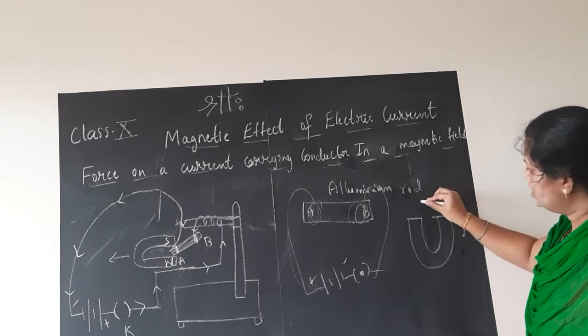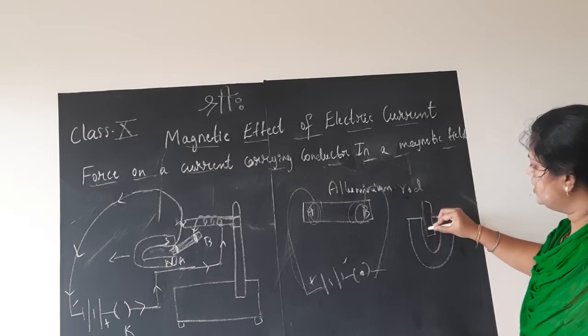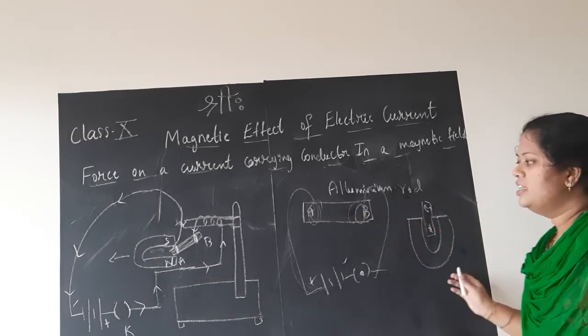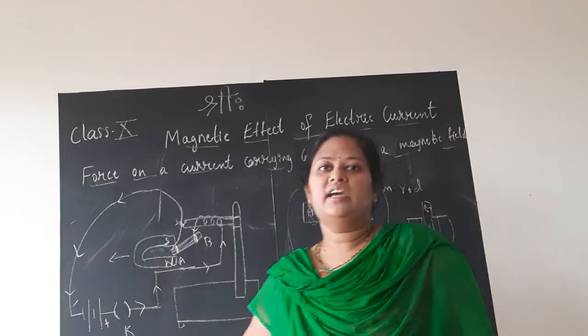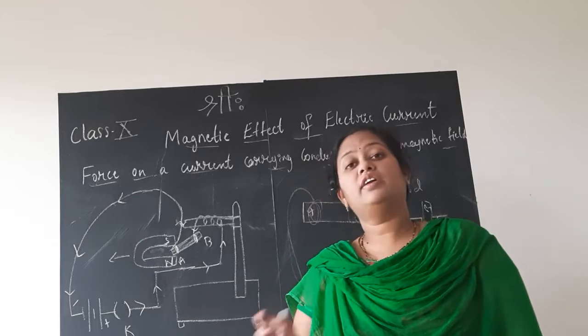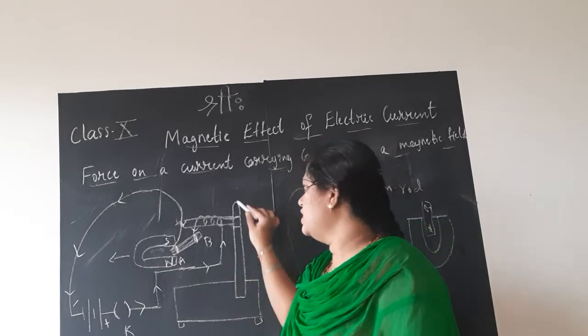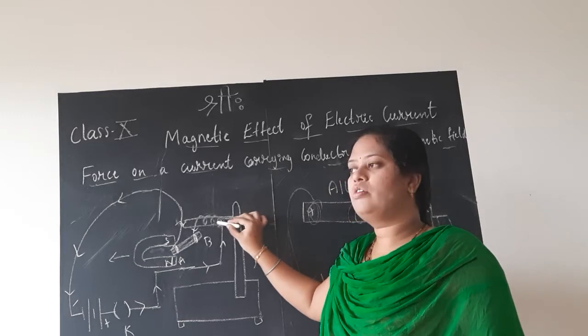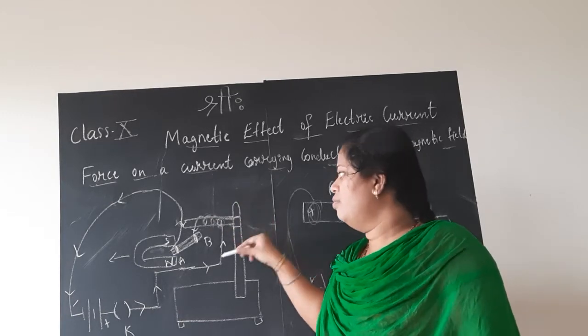Now inside this horseshoe magnet I am placing this rod AB. What rod? Aluminium rod AB. That is the circuit you can see. So with this picture, now look at the actual picture given in your textbook, you will get an idea of what it is. As I said, this is the stand. To the stand support, the connecting wire is wound.